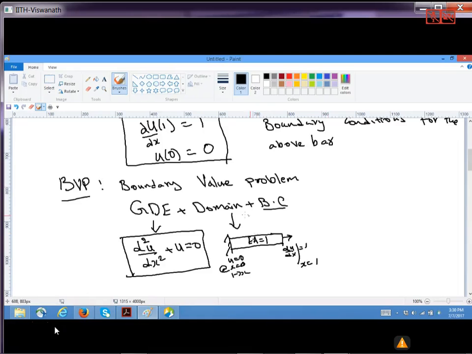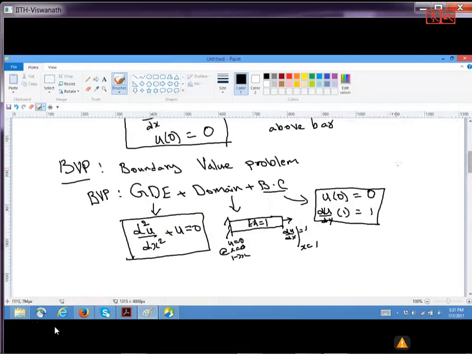The boundary conditions are u of 0 is equal to 0 and du by dx at 1 is equal to 1. These are my boundary conditions, all three together. So now I know the solution of this problem.